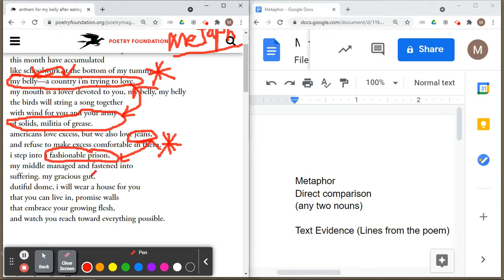Because a gut or our stomach is a synonym, I'm going to instead focus on this metaphor, this dutiful dome. So comparing the gut or the belly to a dutiful dome, my gracious gut, dutiful dome.